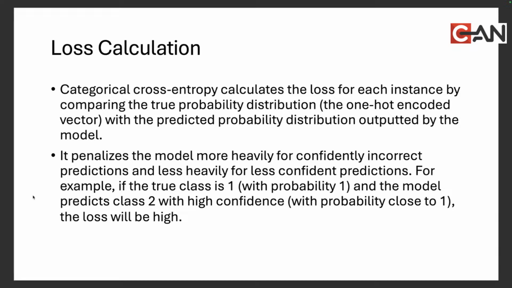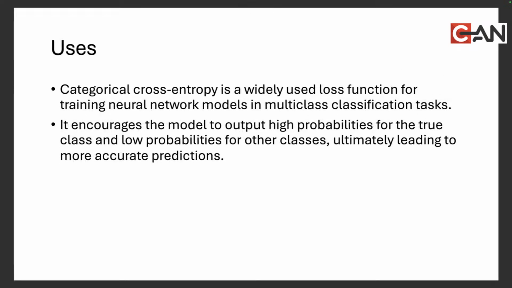So confidently wrong predictions are penalized heavily. It's used very widely in training neural network models for multi-class classification tasks. And it encourages the model to only output those high probabilities when it has a higher degree of likelihood. It's a very conservative metric to use for outputs.